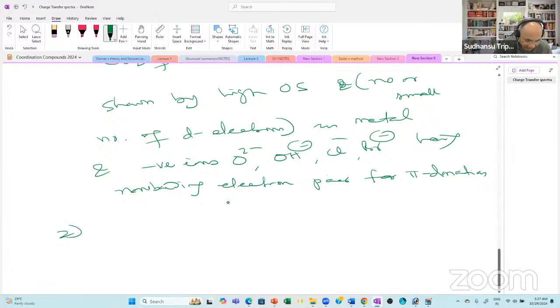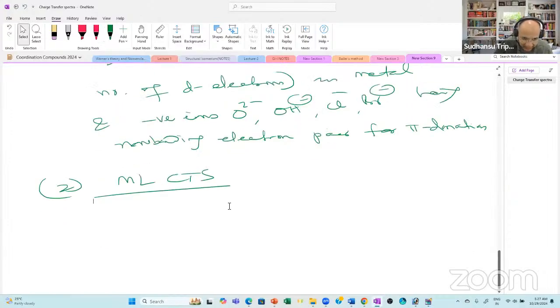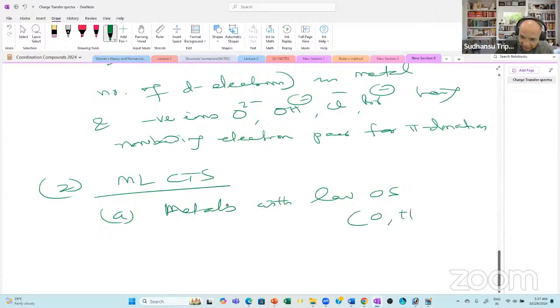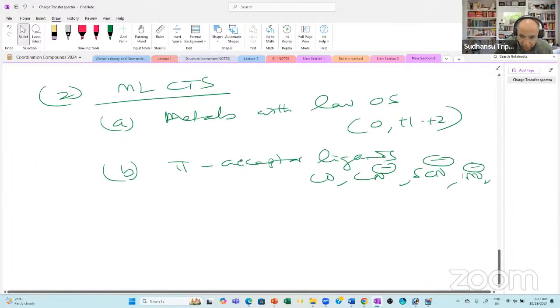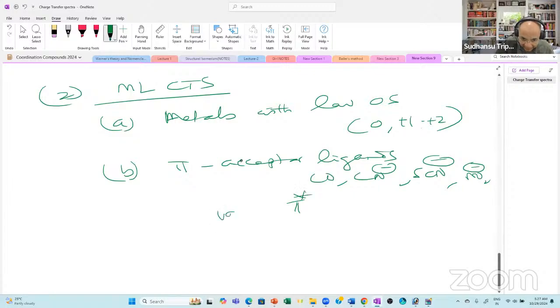Next is MLCT, metal to ligand. That case is for metals with low oxidation state, including 0, +1, maximum it can go to +2, not very high, and with pi acceptor ligands like carbon monoxide, CN minus, SCN minus, NO2 minus, which have vacant pi star antibonding MOs.